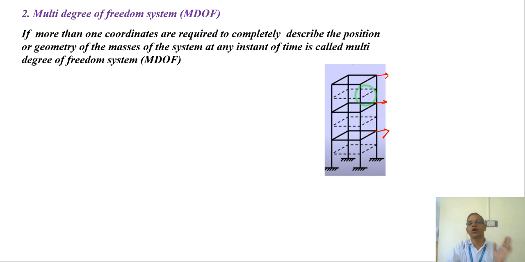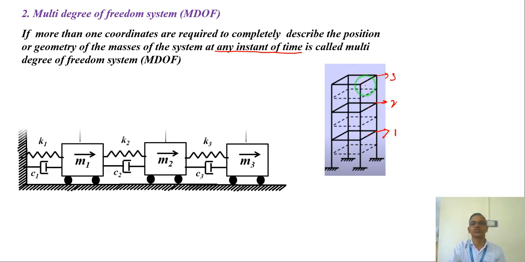Only then will I know the position of each of the floors in the horizontal direction at a given point of time. Very important: at any instant of time. To tell where these floors are at any instant of time, I need 3 degrees. So 1, 2, 3. So this is a multi-degree of freedom system.